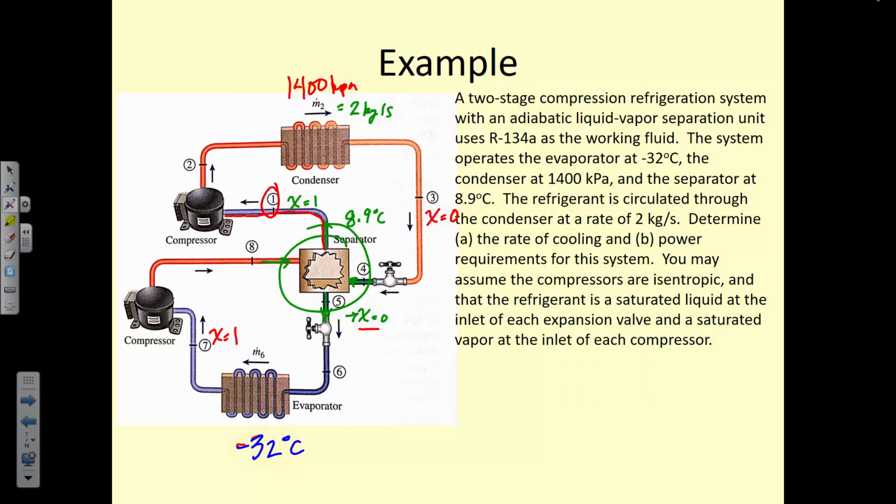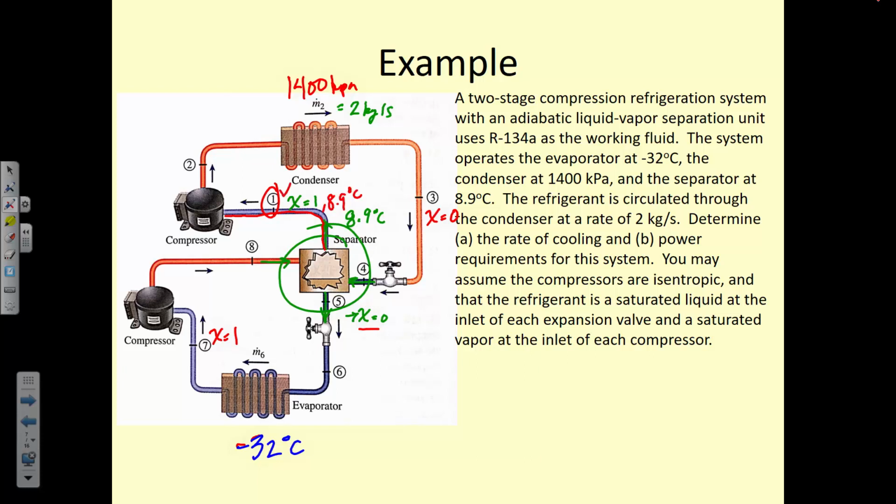Okay, so let's just go through our states and see if we have enough information to solve these problems. So state 1, X is equal to 1. Right? What else do we know about that state? It's 8.9 Celsius, so we know the temperature is 8.9.